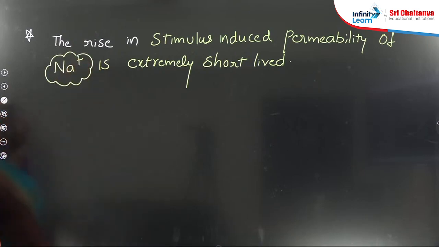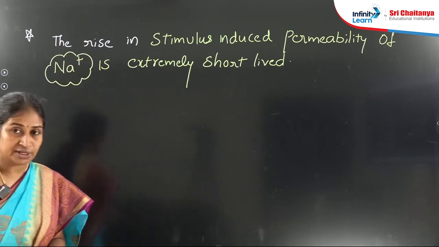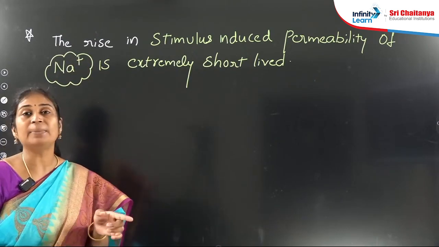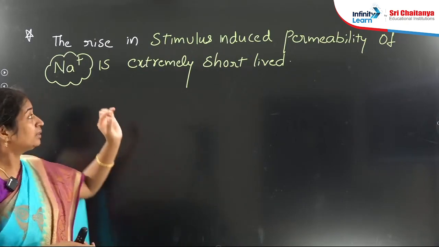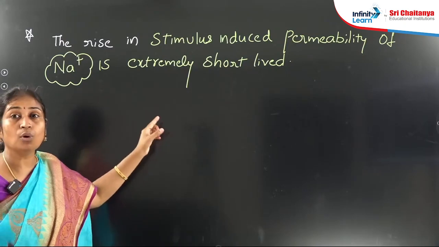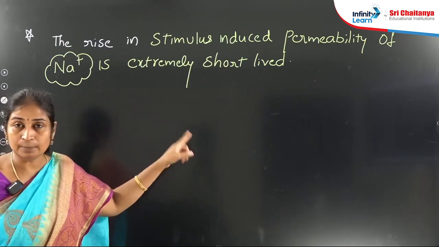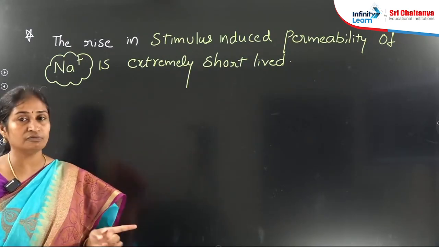Meaning is, whenever the membrane is in the polarized state, it should be impermeable to sodium. But during stimulus time only, the membrane becomes a little more permeable to sodium. But that permeability is short-lived. It is not for a long time.